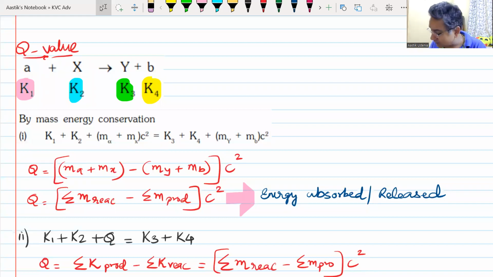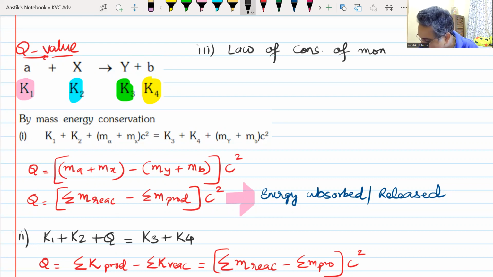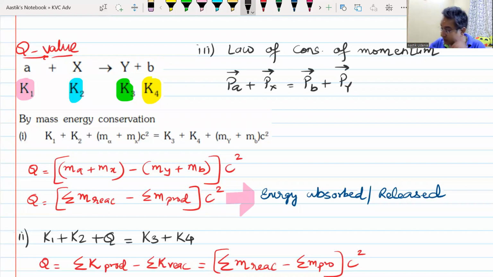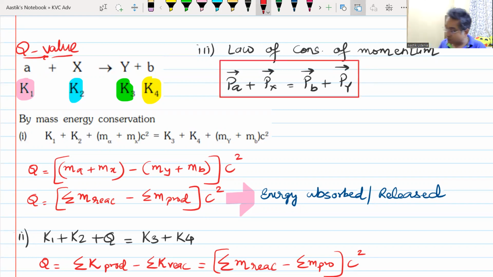Here also, please note one thing. If you apply the law of conservation of momentum, remember vectorly momentum of A plus vectorly the momentum of X must be equal to vectorly the momentum of P plus vectorly the momentum of Y. This third equation is a vector equation, so it has to be satisfied vectorly.